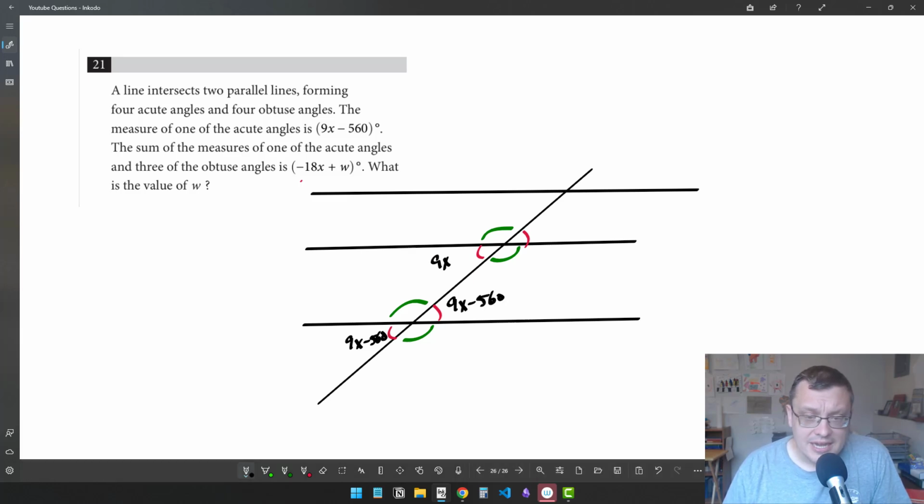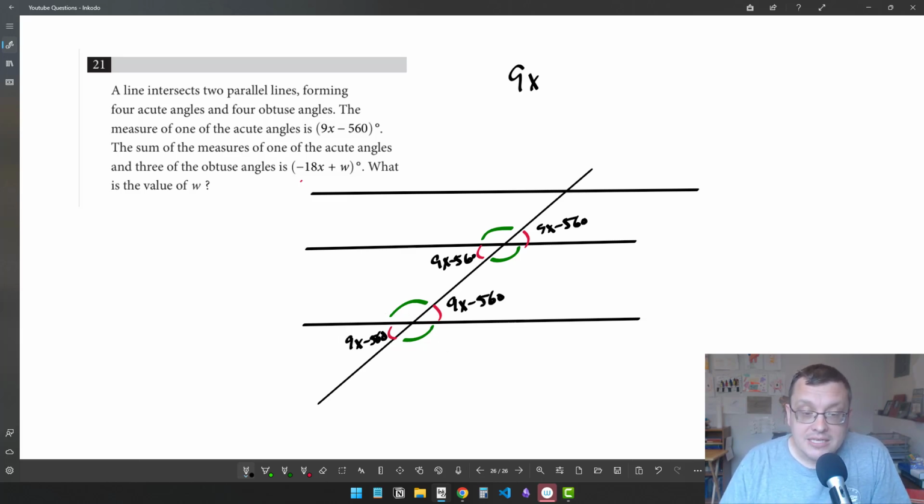We know this is 9x minus 560, and this, and this. Okay. Now, what about the green angle? We know that the sum of this one with three of the greens is this, and we want to find W. But let's first figure out, can we get a measure for green, ignoring the W for a second? We can, because in any setup where we have these lines intersecting, these two angles must add up to 180.